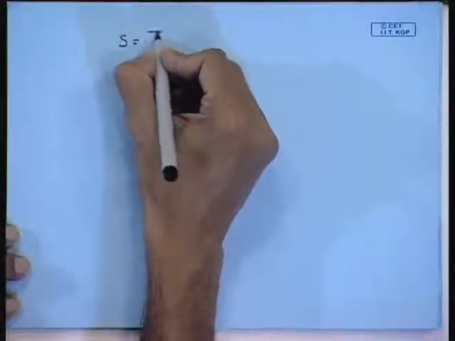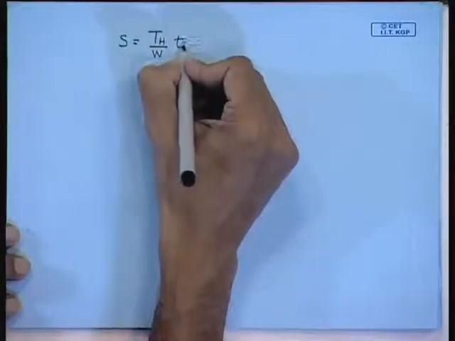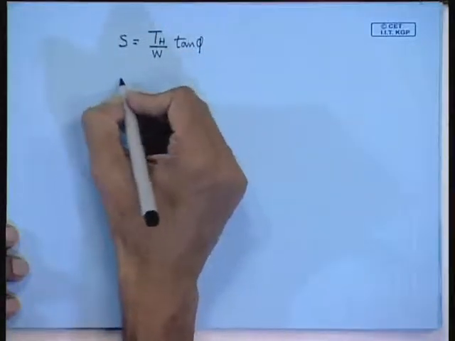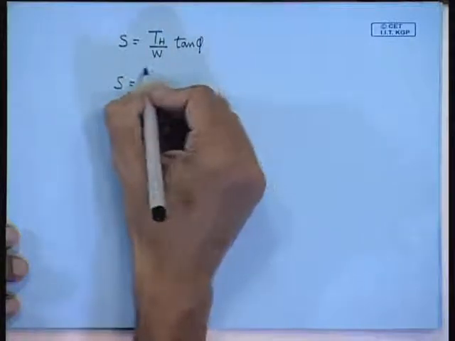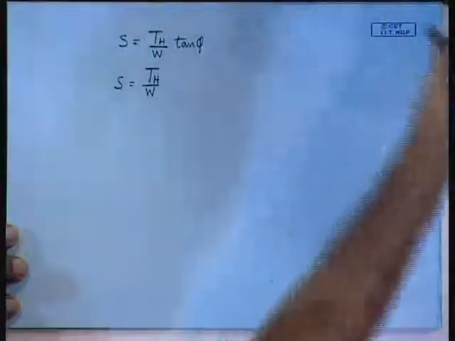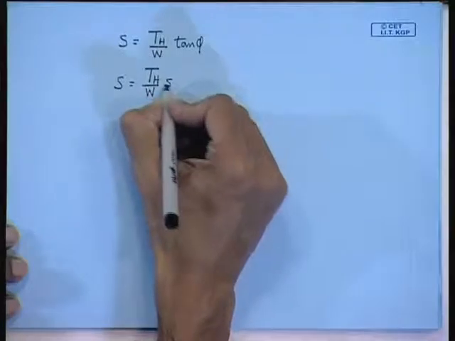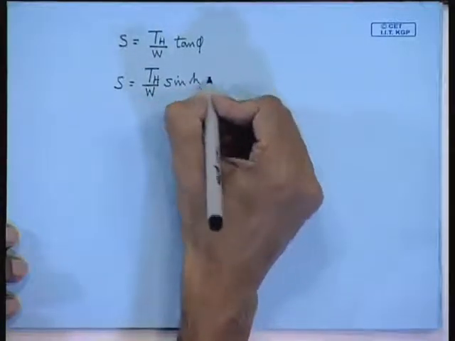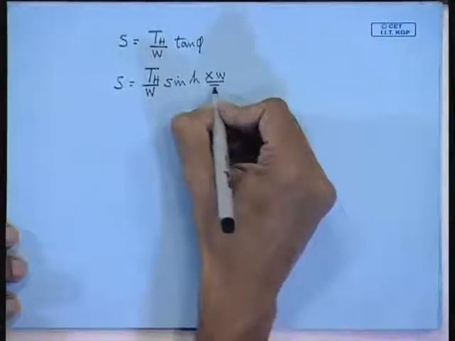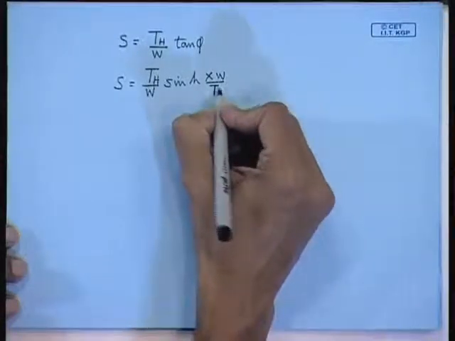So this is TH. Now what is the expression for tan phi? So S equals to, this is the hyperbolic term that we will be getting out here. So this is coming as sine hyperbolic xw by Th. So we are getting rid of the angle, that is this phi.